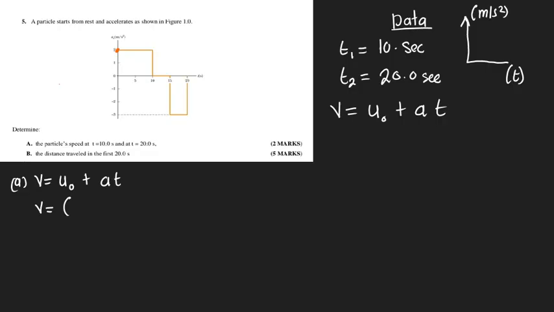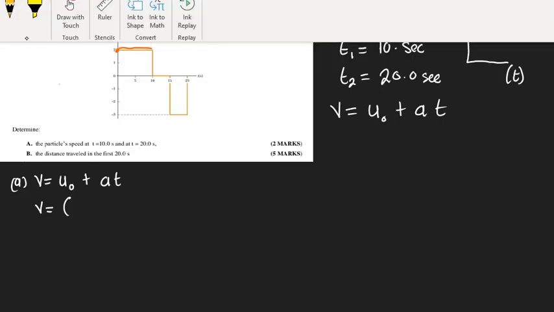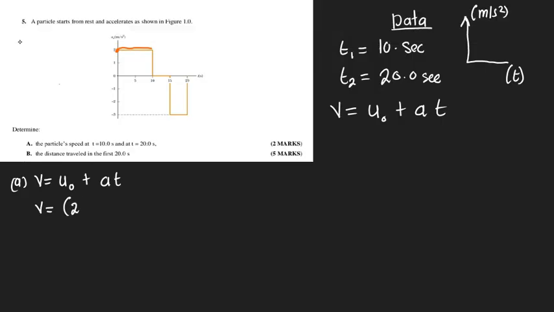At 10 seconds, the acceleration was at exactly 2 meters per second squared. So you are going to put it there, and then you get your time. What was the time? It was 10. So you put it there, and then you say 2 multiplied by 10. This is going to give you 20.0 meters per second, and that is how you are going to find your speed.